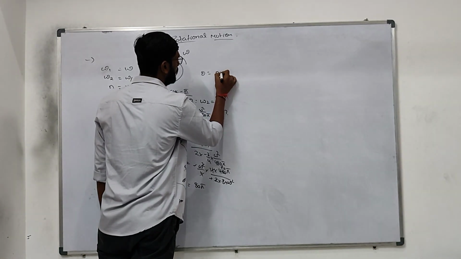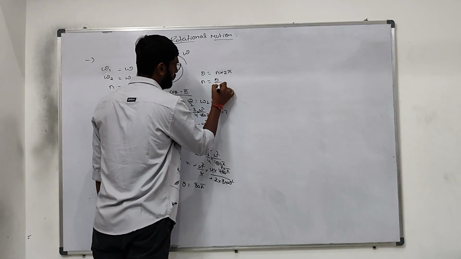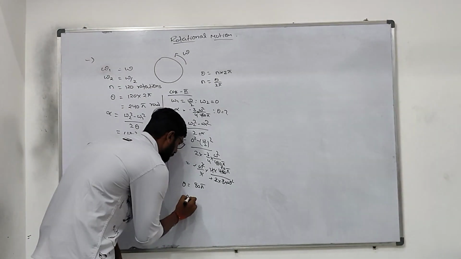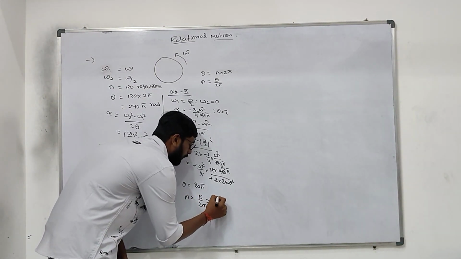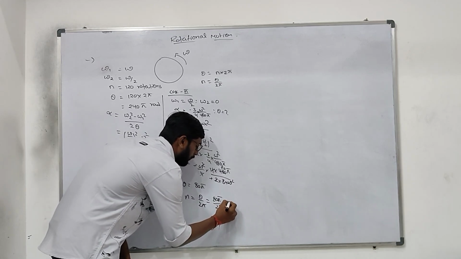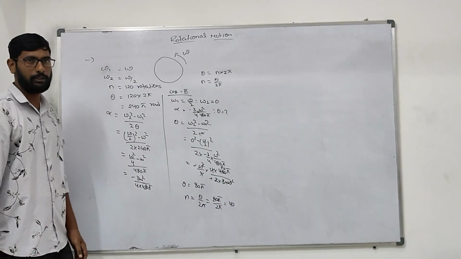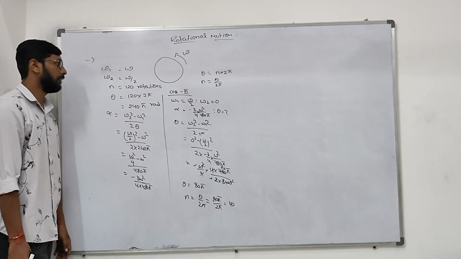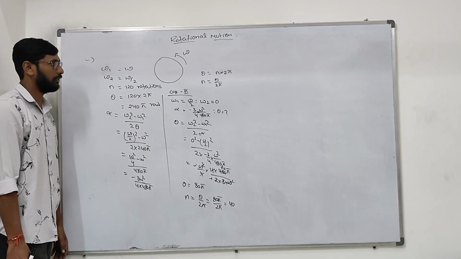So n equals to theta by 2 pi, that means 80 by 2 pi, that means 40. So how many further rotations are required means 40. There is no other way to solve this kind of question.